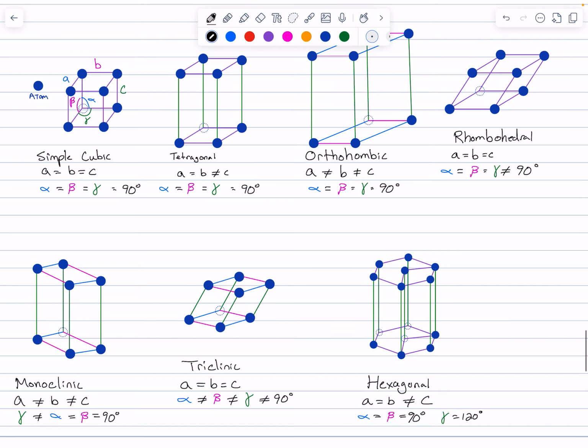So here's the 7 cells. All right, and so obviously the blue dots are atoms. That's an atom down in there, right? It's just like in the back, right? And so there's A here, right? Those are all A's. We're going to call it side A, or edge A. That's edge B, right?